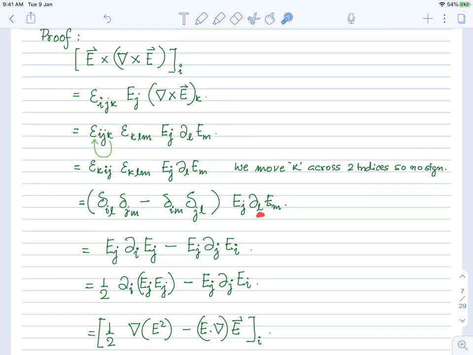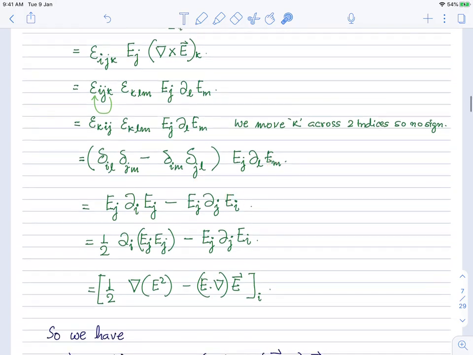So this L index is there, and I is the free index here. So basically this derivative will get the free index, whereas J and M are summed over, so J and J becomes the same thing. And in the next term, the I index goes to M, so the I index goes to this electric field inside, and J and L are summed over.